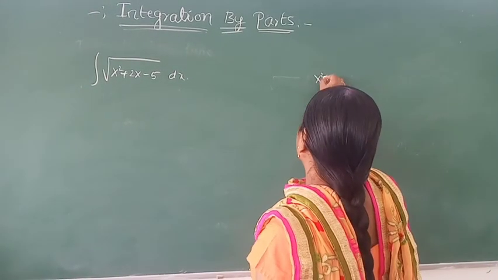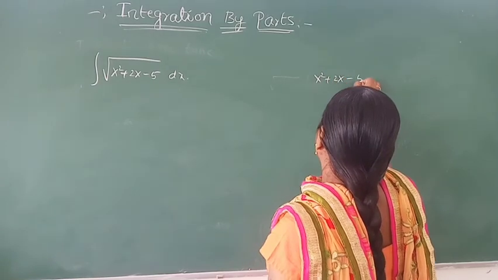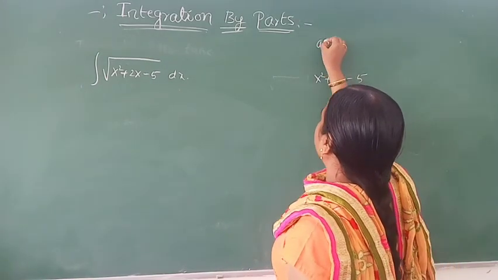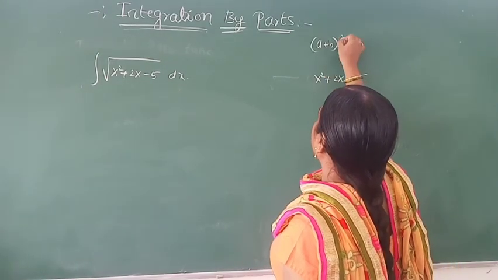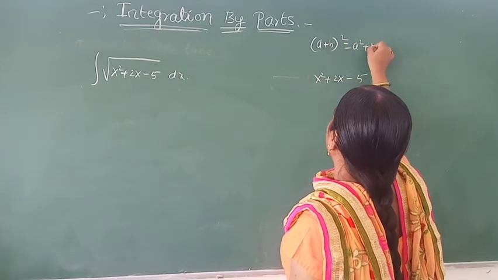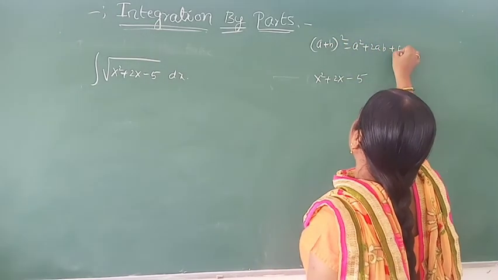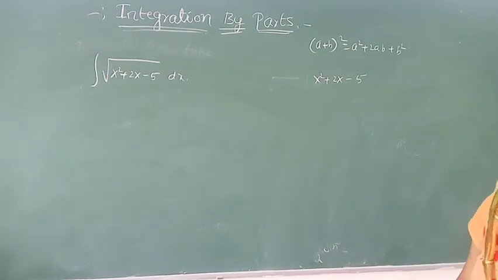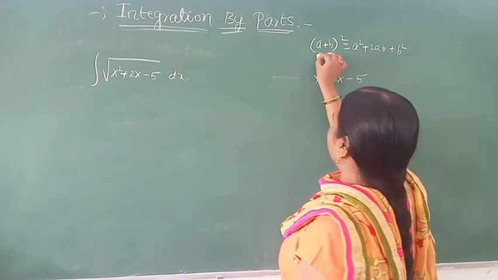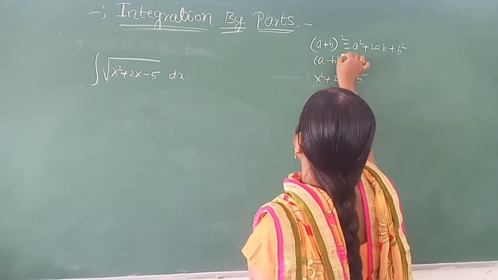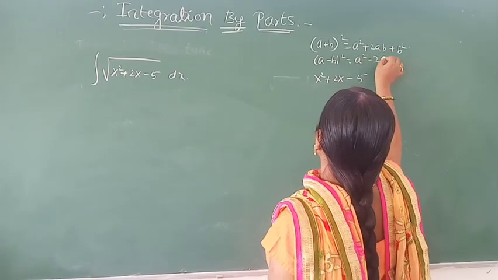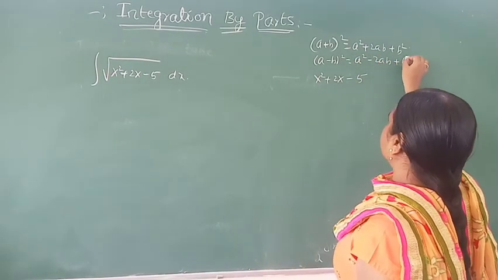That is x square plus 2x minus 5. Use the perfect square method, that is a plus b the whole square formula is a square plus 2ab plus b square. And the next condition, a minus b the whole square formula is a square minus 2ab plus b square. Okay.